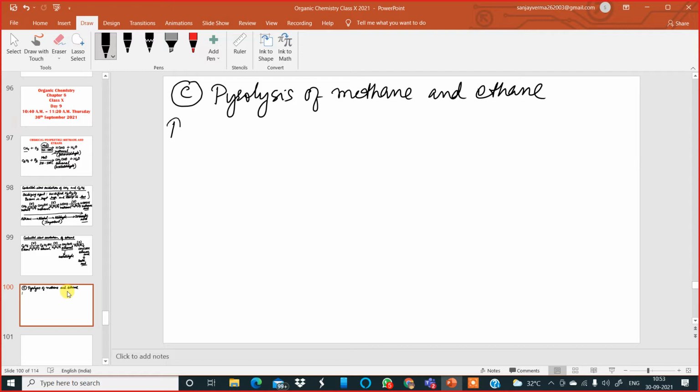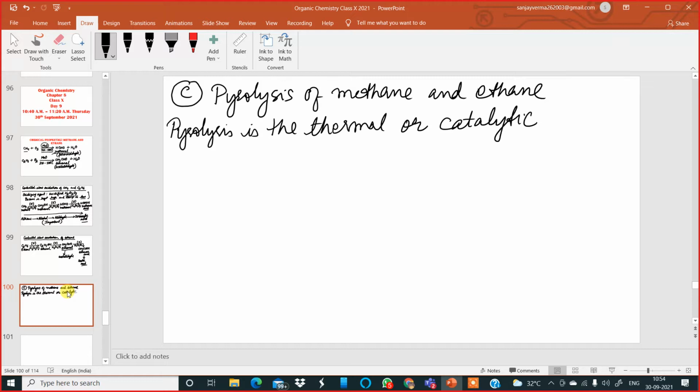I'll write it down. Pyrolysis is the thermal or catalytic decomposition of alkanes.